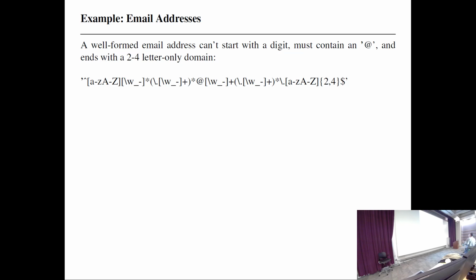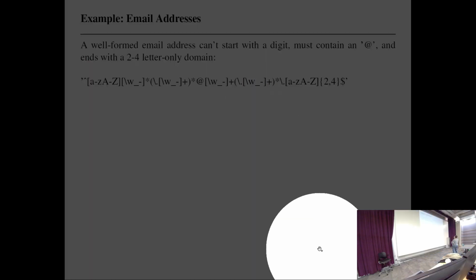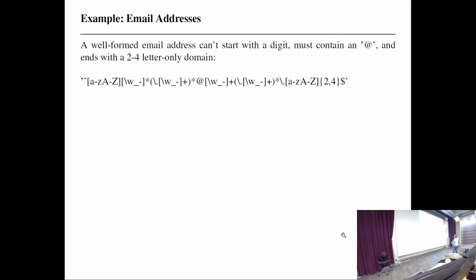Followed by, and this is its... shoot. Well, that doesn't work. Come on. All right, let's do this. So this we already said was like a word, 1 or more characters. That's what the plus means.